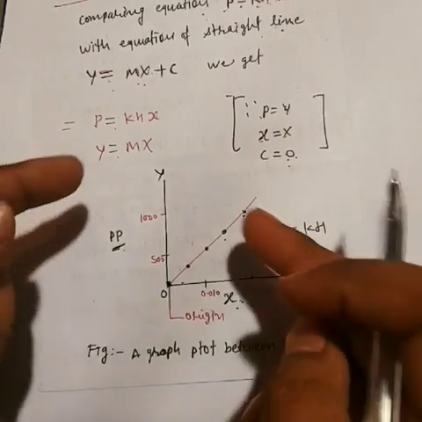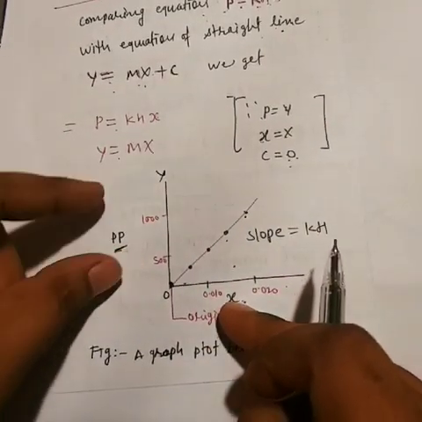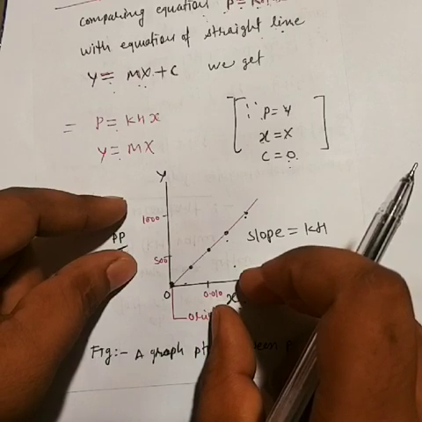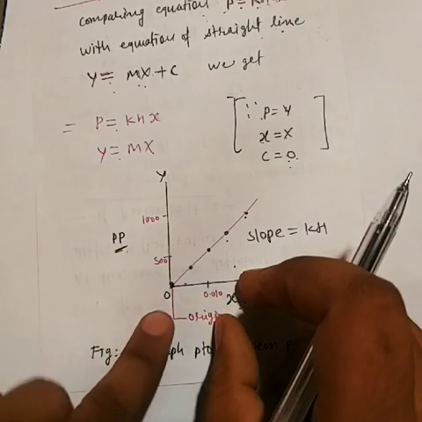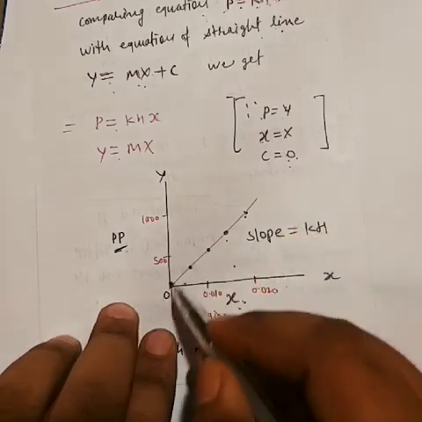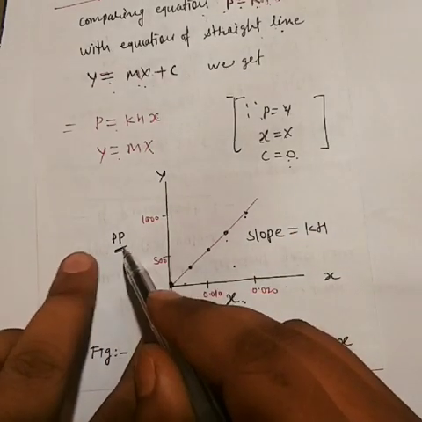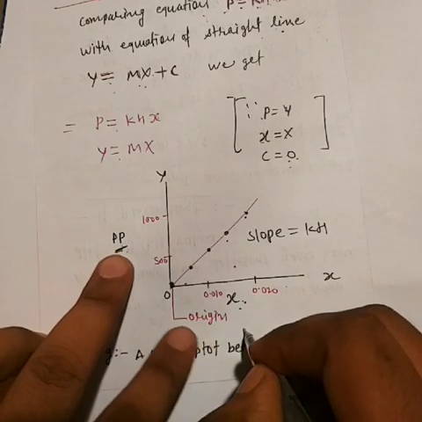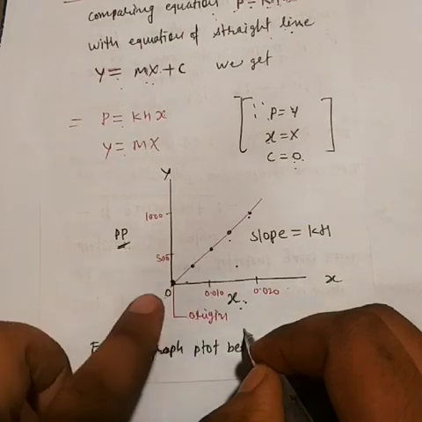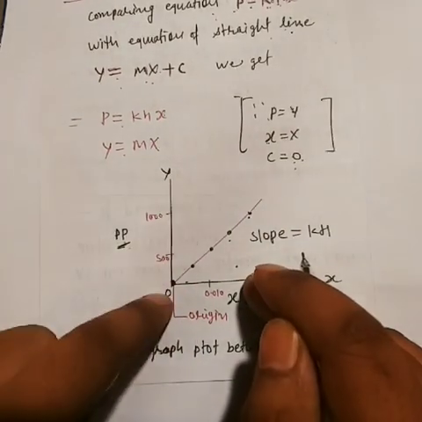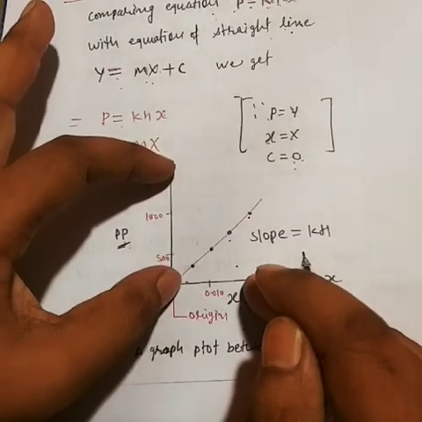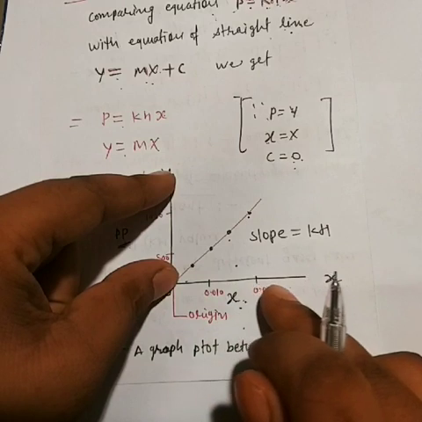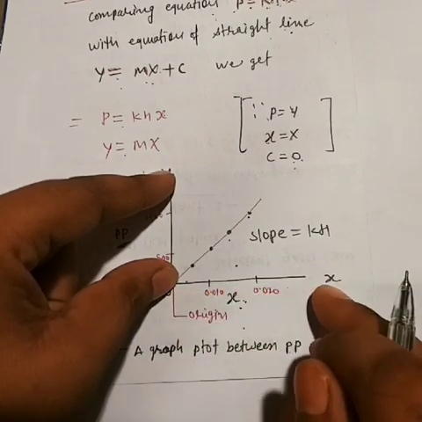And now, we draw the graph between partial pressure and mole fraction. Now you see here, the partial pressure of the gas is along the y axis versus the mole fraction along the x axis.